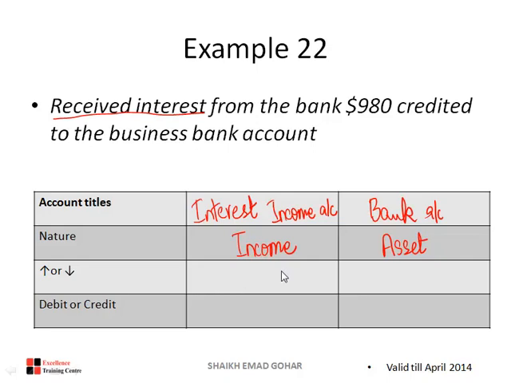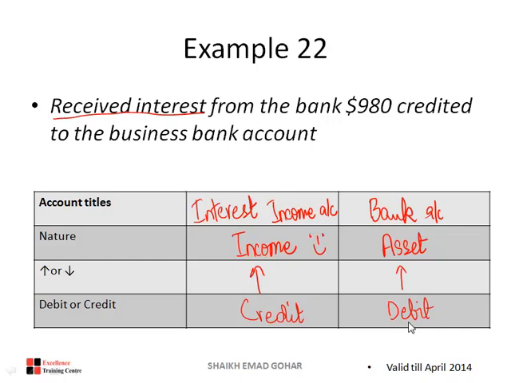So income is increasing, definitely I am very happy. Income is increasing, and asset is also increasing, definitely cash is increasing in the bank account. So income increase and asset increase, remember.